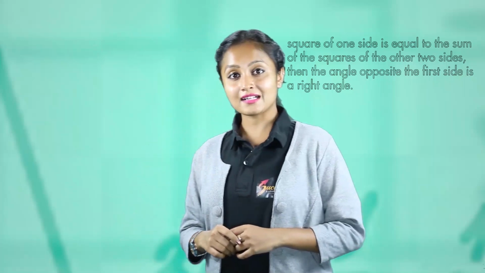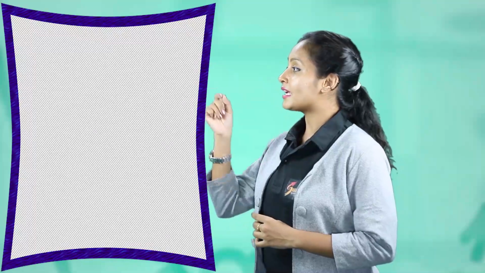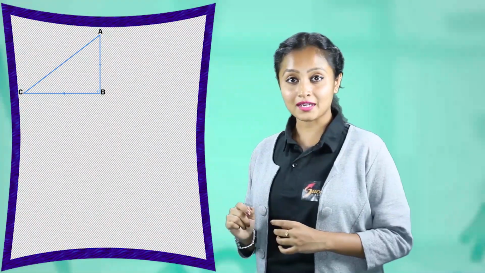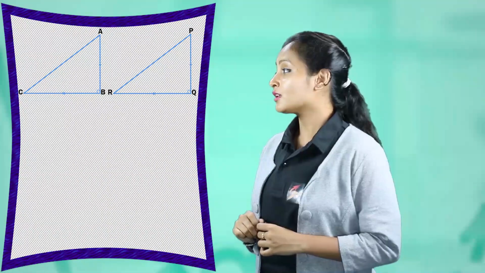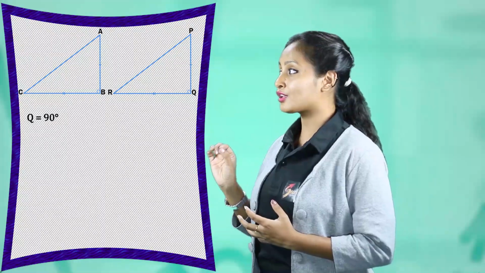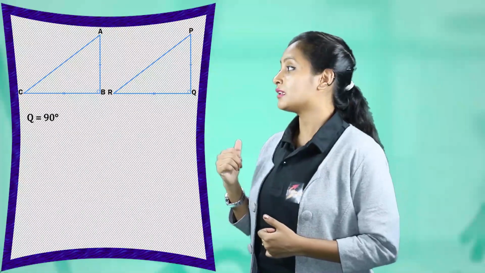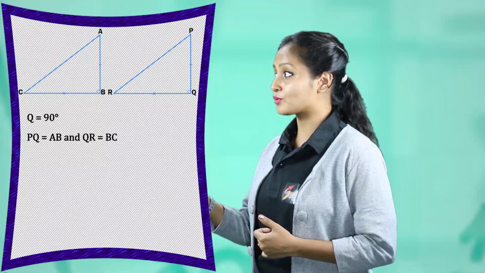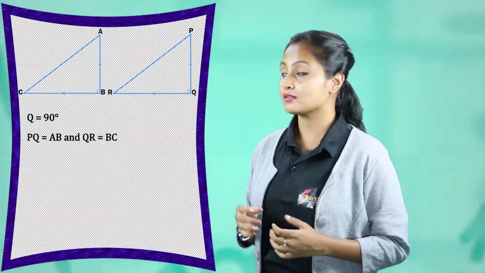Now, let us consider a triangle ABC and a triangle PQR. Let us consider PQR in such a way that angle Q is equal to 90 degrees, PQ is equal to AB and side QR is equal to BC.